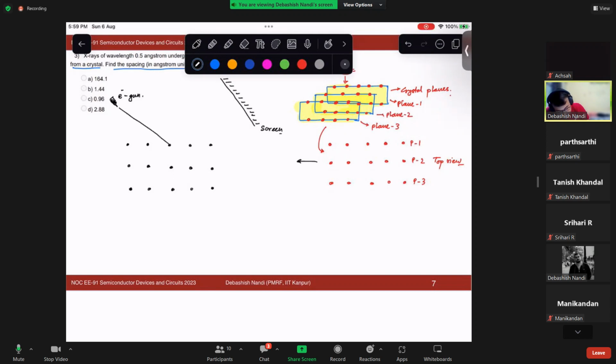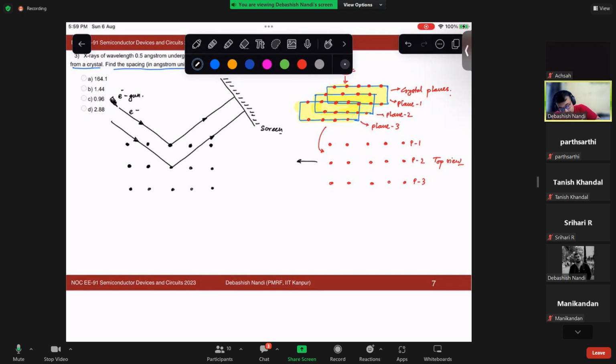One wave is coming at this location, another wave is coming at this location. These are the electron beams. It gets diffracted and goes this way. These points, by the way, are the atom locations, the lattice points.